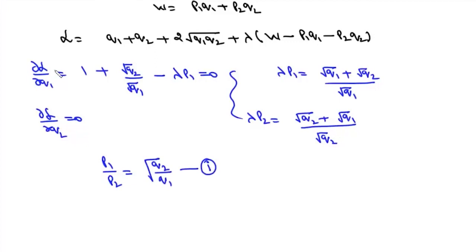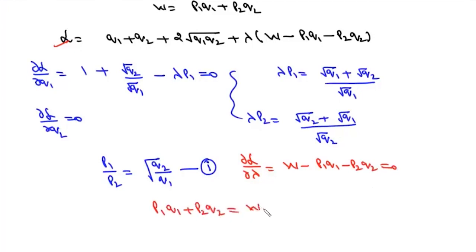Now we differentiate this with respect to lambda, we'll get del L by del lambda, and it will be equal to W minus P1 Q1 minus P2 Q2 equals 0, or P1 Q1 plus P2 Q2 will be equal to W, and that's our second equation.